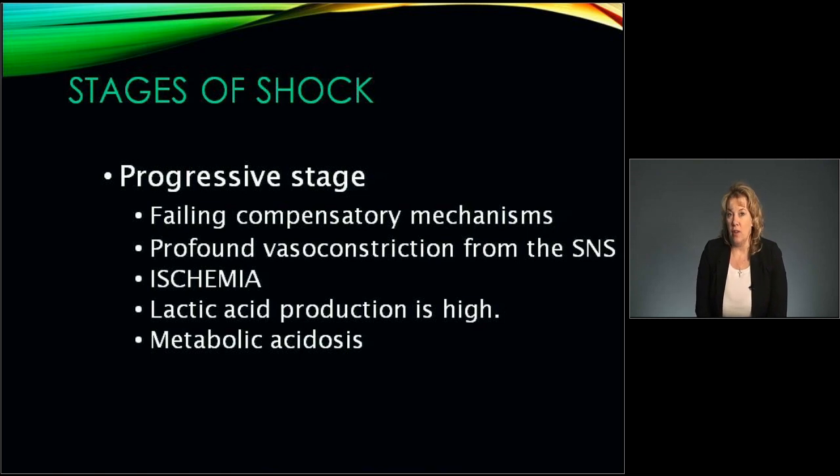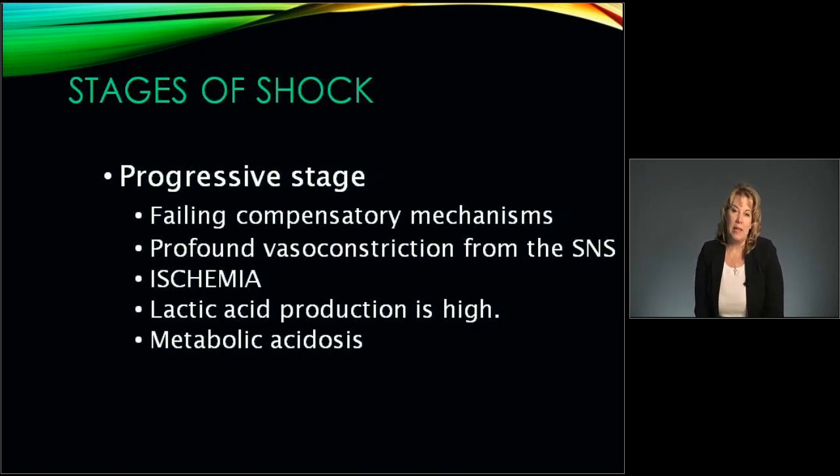Those are the priority organs, and so the body clamps down in the periphery, diverting the blood back to the core. So our liver, the kidneys, the GI tract, any of our internal organs then will also have decreased perfusion because the blood is being diverted to the big three that we need to make sure we support perfusion with.